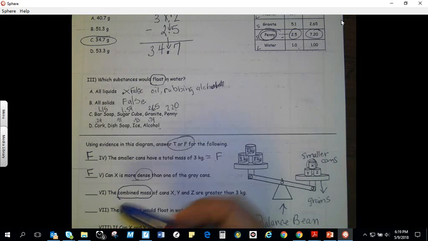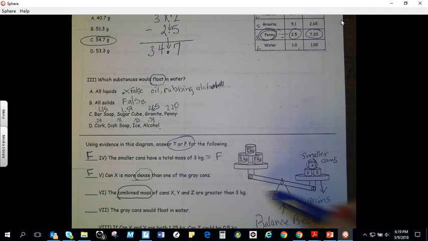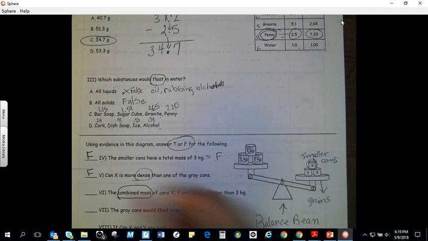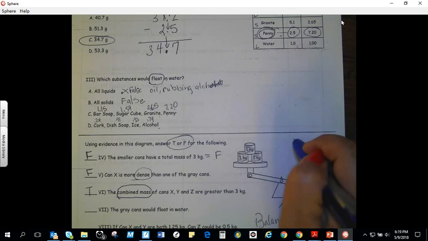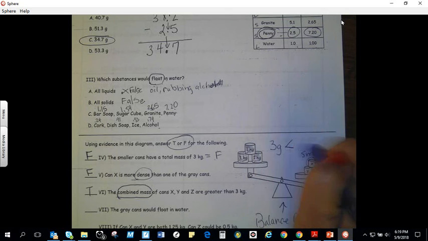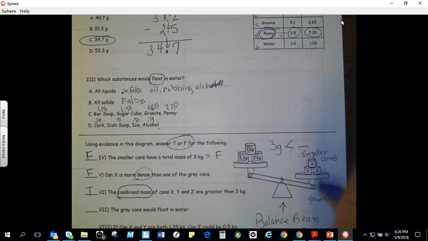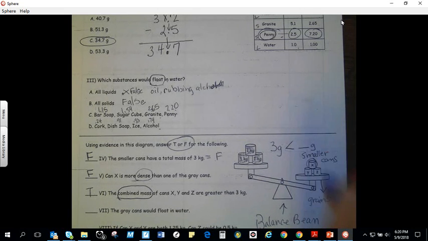Okay, so here, combined mass of cans X, Y, and Z are greater than 3 grams. True statement? Yes, absolutely. This has to be greater than 3 grams. So whatever this is here has to be greater. So it can be 3.1, 3.2, 5, 7, 8, 9, whatever it is.